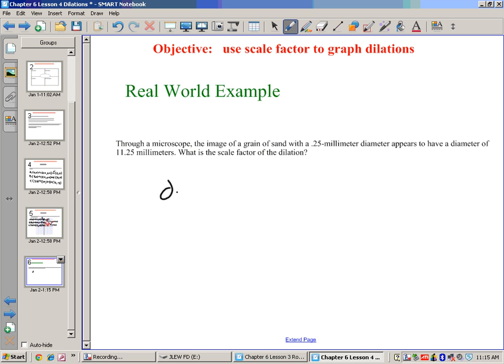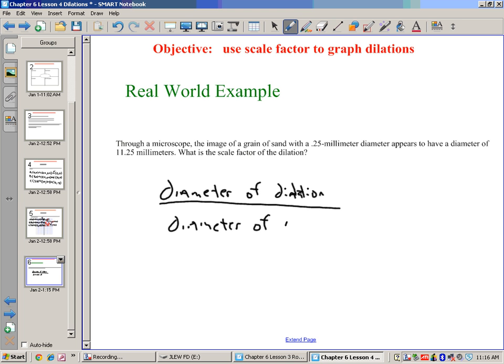Okay, so we have the diameter of our dilation over the diameter of our original, which is 11.25 over 0.25.